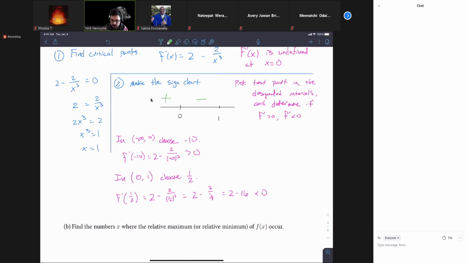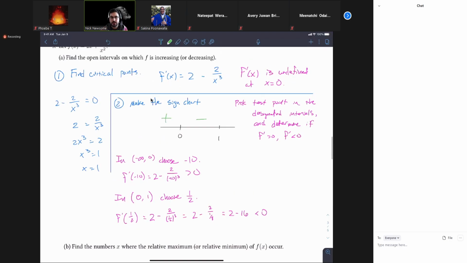Now, for the interval 1 to infinity, we're talking about nice positive numbers. So choose a really big positive number to get a good idea of what's going on. Cube it, and you're going to get another really big positive number. 2 divided by a really big positive number is going to be very small, less than 1 even.